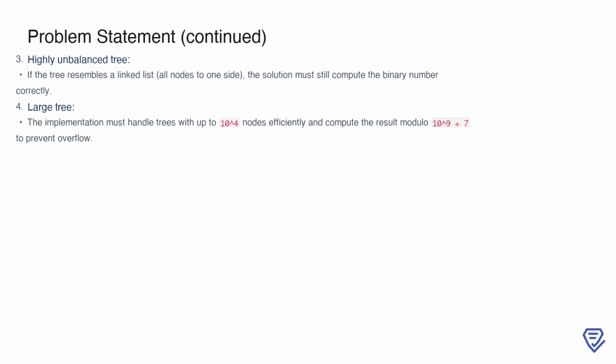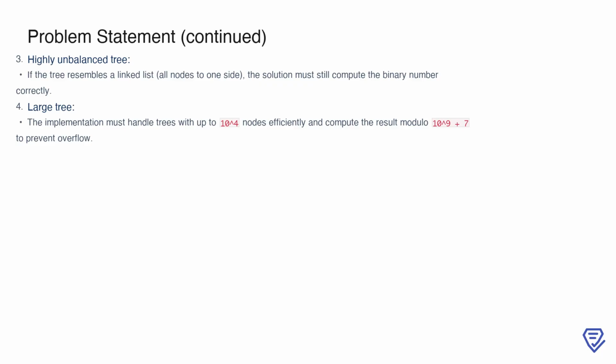The problem comes with a few constraints and edge cases that we need to handle. First, the number of nodes in the tree can range from 1 to 10^4, so our solution needs to be efficient. Also, each node is guaranteed to have a value of either 0 or 1, and the tree itself is always non-empty. For edge cases, if the tree has only a single node, the sum will simply be the value of that node.